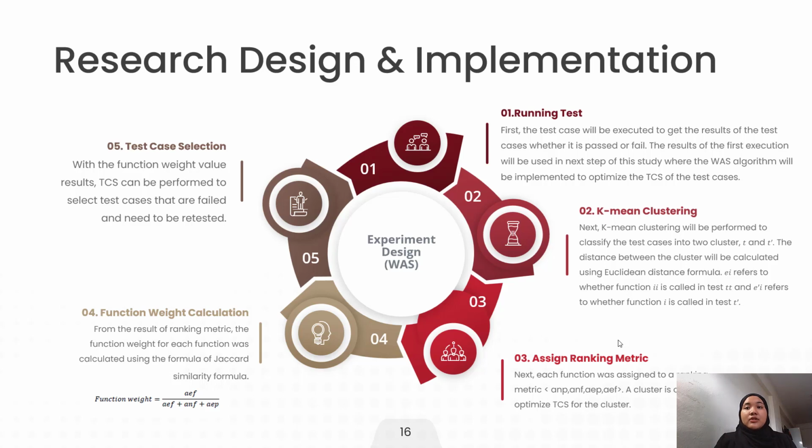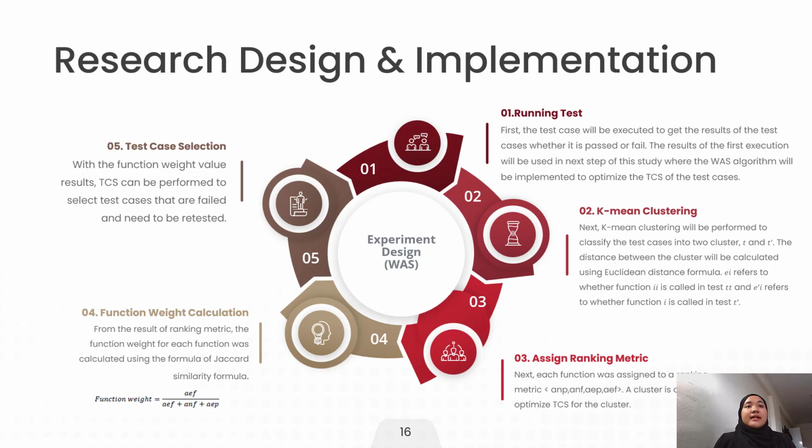The cluster is chosen to optimize TCS for the cluster. And number 4 will be, from the result of the ranking metric, the function weight for each function calculated using the Jaccard similarity formula, which is AEF divided by AEF plus ANF plus AEP.